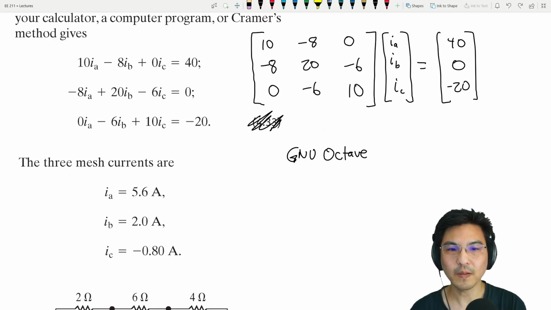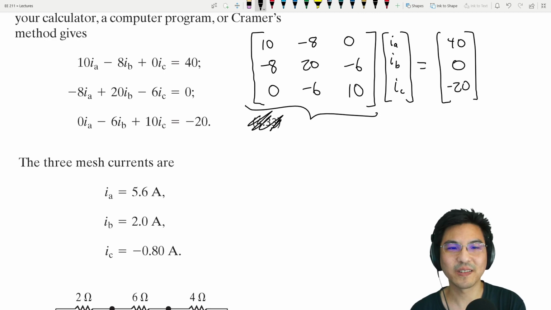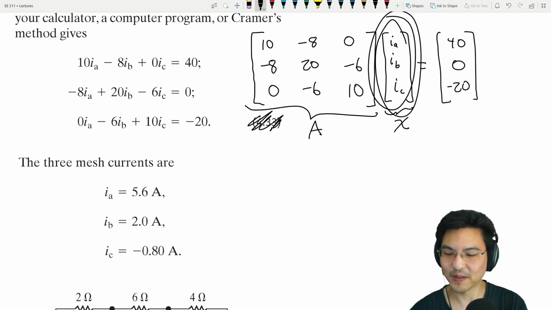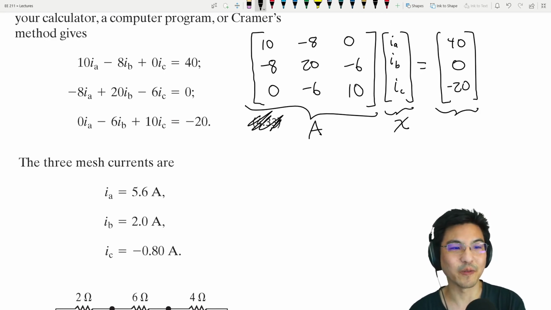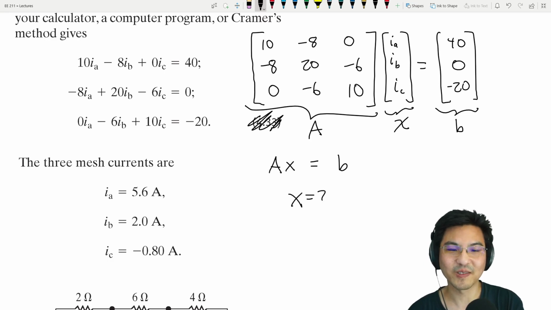So this is matrix A, let's call it, times vector x of unknowns, these are what we're after, equals some other vector b. Right, so we have this matrix equation, A times x equals b. Solve for x.